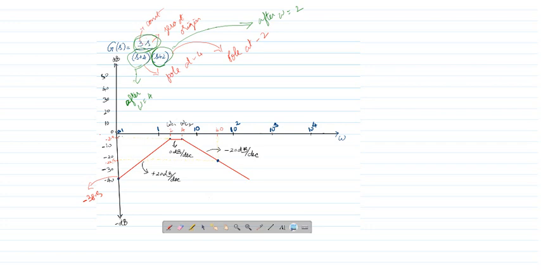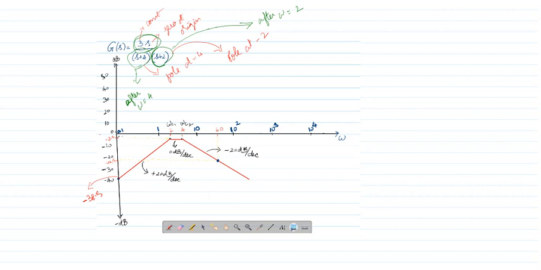So 3s. Now, roughly we are not going for the exact thing, right? What is the slope of 3s? 3 is a constant, right? The magnitude is a constant. For s, the slope is plus 20 dB. Agreed? Okay.